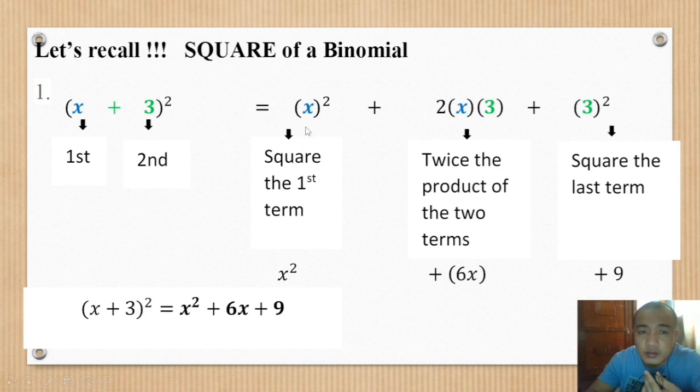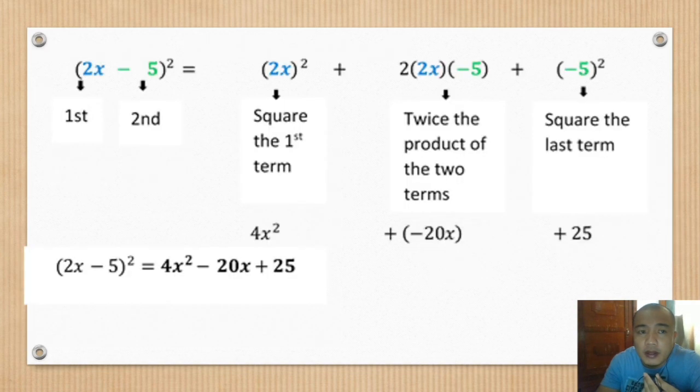So x squared, plus twice the product of the two terms. 2 times x times 3 is 6x. Plus square the last term, which is 3. 3 squared is 9. So therefore, quantity x plus 3 squared is x squared plus 6x plus 9. So that's how we square a binomial.